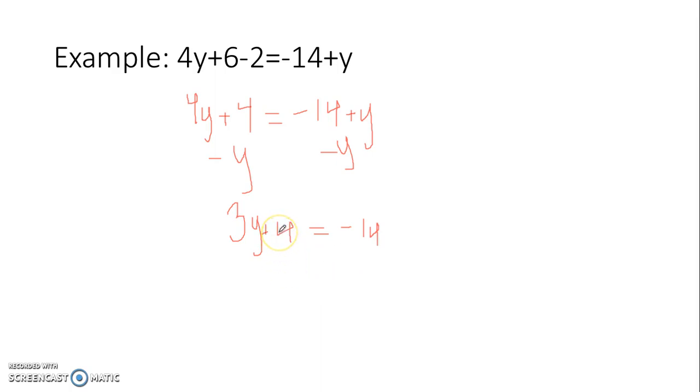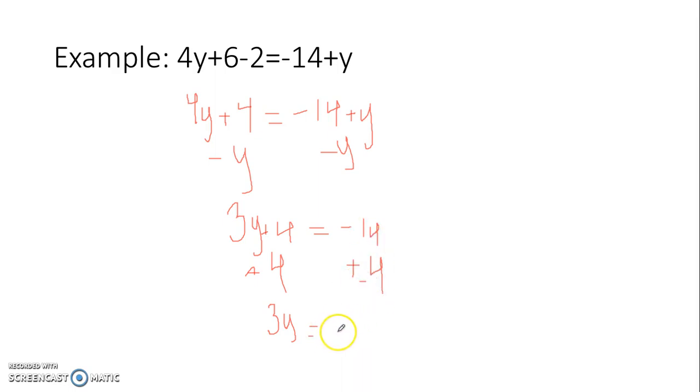Okay, then we need to subtract again to get this constant over to the other side. So we're going to subtract 4 from both sides. So 3y is equal to, we have negative 14 plus negative 4.